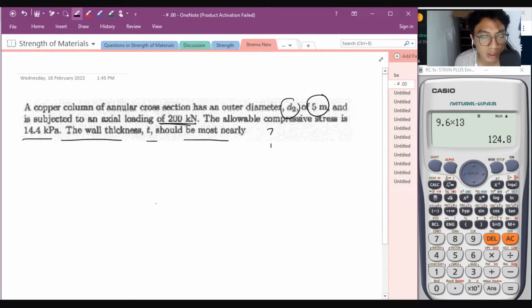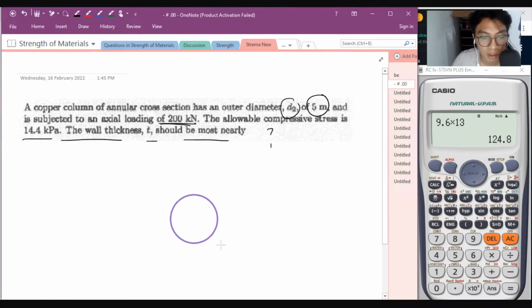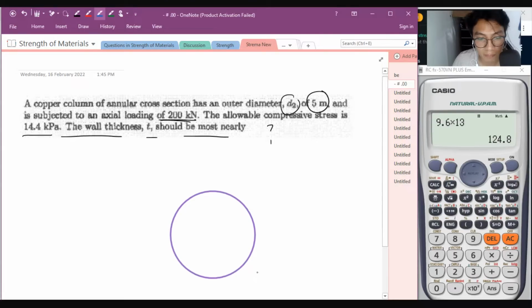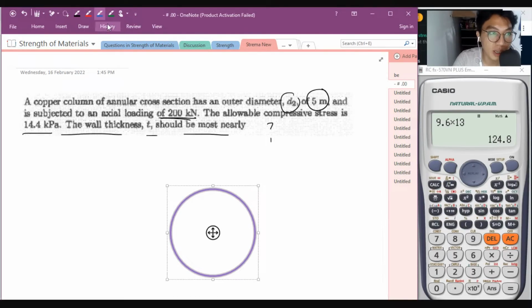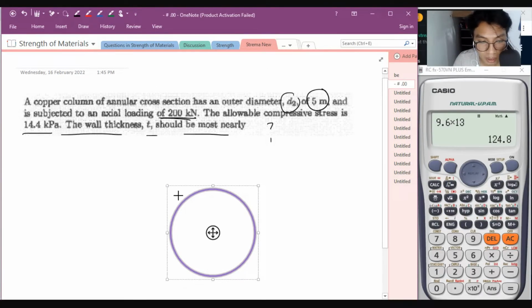Pakita muna natin what is an annular section. An annular section here, my friends, ay yung washer. Ayan. Sorry naman. Ay, gawa na lang tayo. Let us draw a circle here. Okay. Let us draw a circle and another circle. I want to draw another circle.